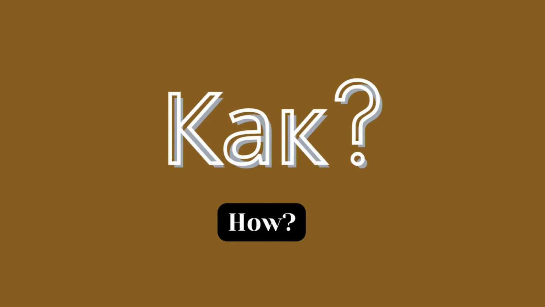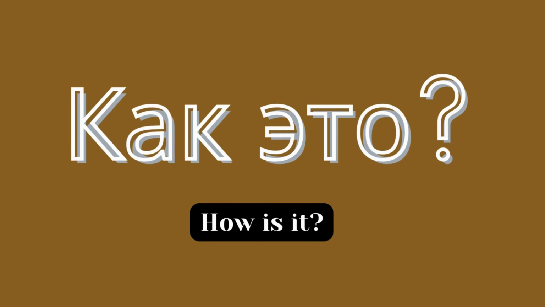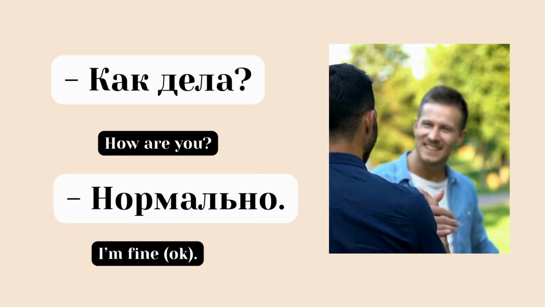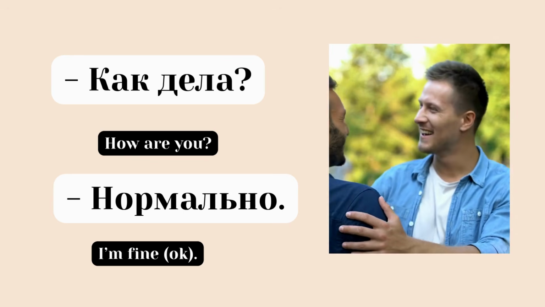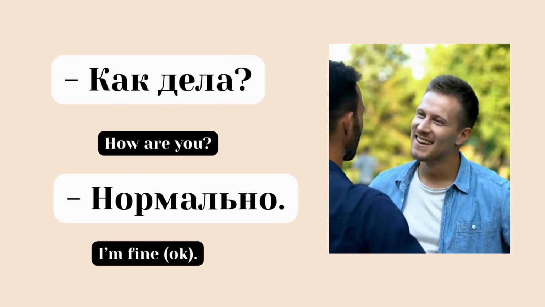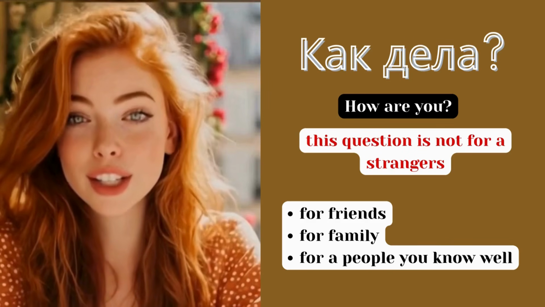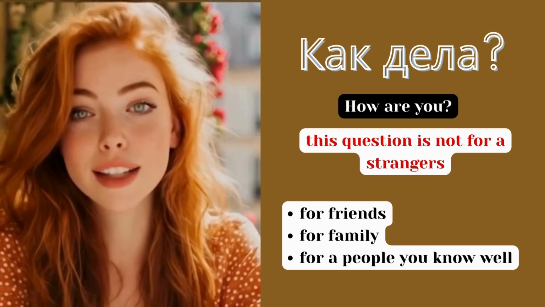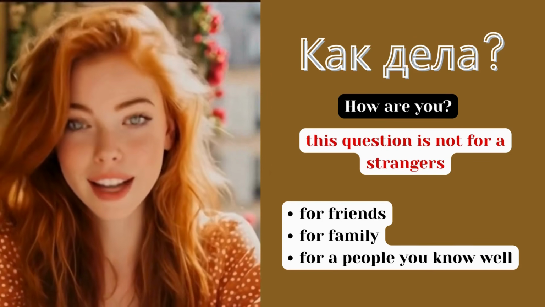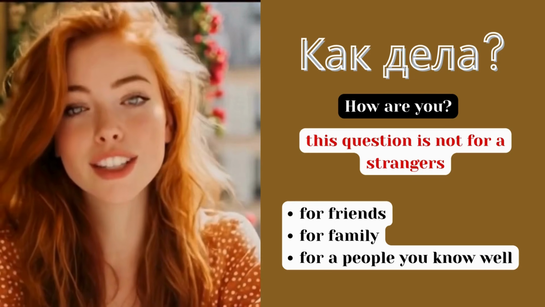Как? How? Как это? How is it? Как дела? Нормально. How are you? I'm fine. In Russian, как дела means how are things or how's life, but unlike in English, you don't ask it to just anyone.